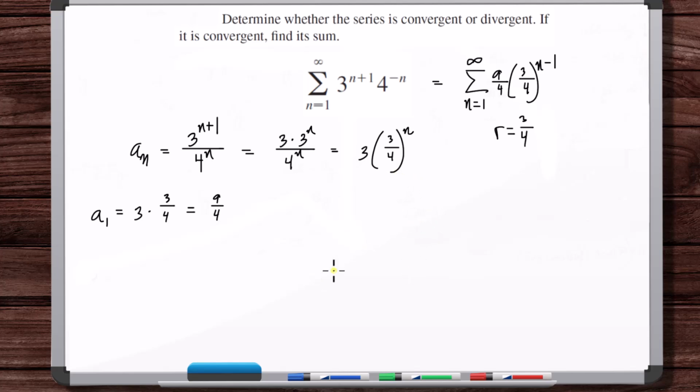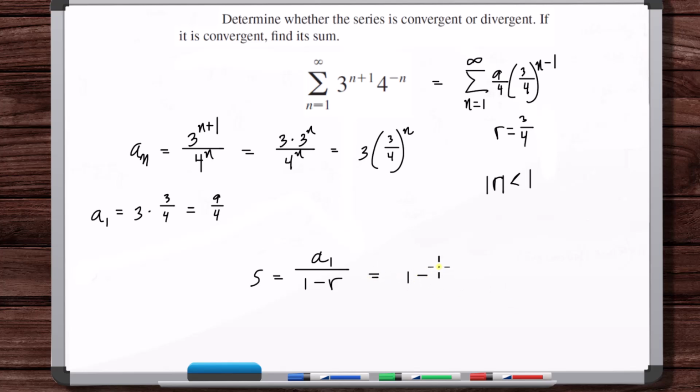Okay, so the absolute value of R is less than 1. It's 3/4. So this series is convergent. It's a geometric series. What does it converge to? Well, this is what we worked on in the previous example problem video. A geometric series converges to the first term divided by 1 minus R, assuming that the absolute value of R is less than 1.